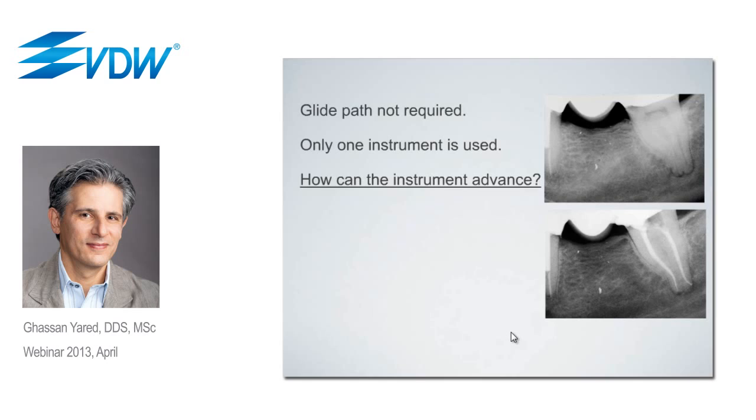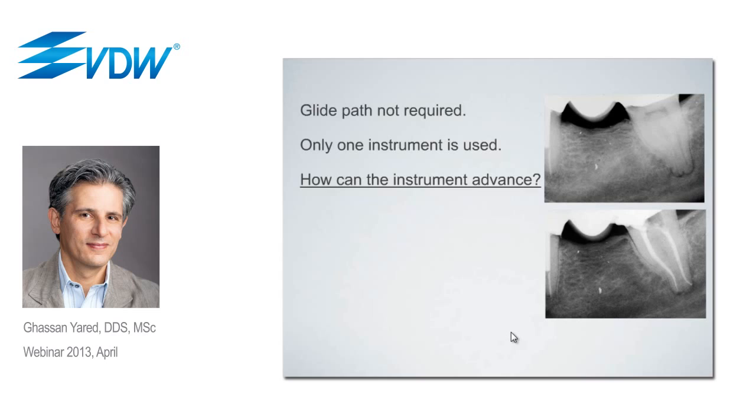So the question is, how can we use an instrument like the Reciproc, which is a large instrument? The Reciproc has dimensions similar to the F2. So how can we use an instrument similar to the F2 in very narrow canals without a glide path?